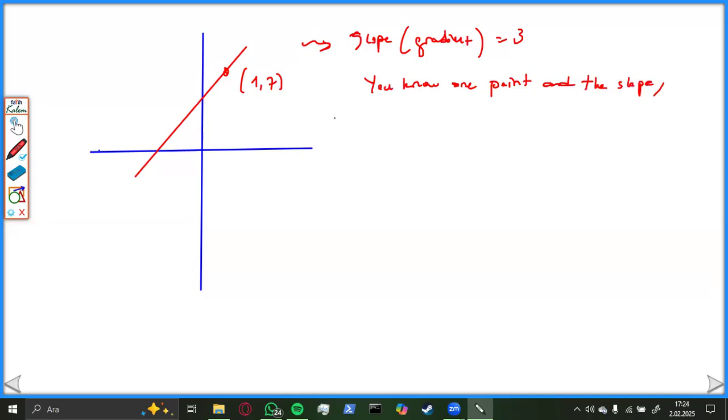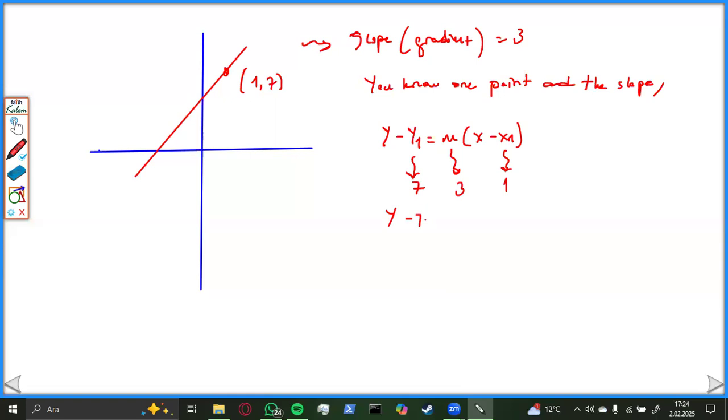By using this information, you can use that formula: y minus y1 is m times x minus x1. As you can realize here, y1 is 7 and x1 is 1, and the slope m is 3.